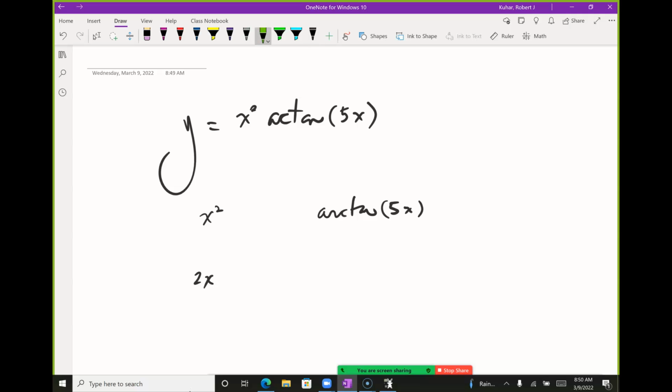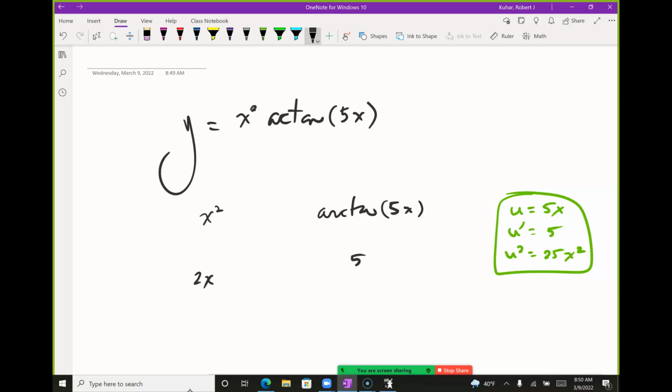So I'll do that on the side real quick before I do my derivative. So u is 5x, u prime is 5, u squared is 25x squared. So my derivative here is 5 over 1 plus 25x squared. And I'm doing a product rule.